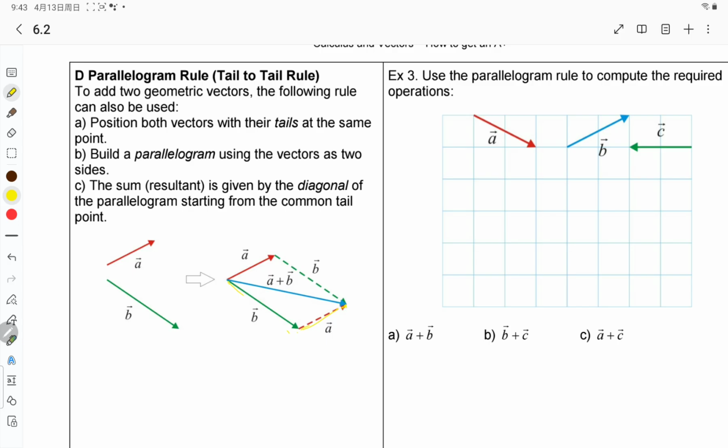But in a parallelogram, this needs care.